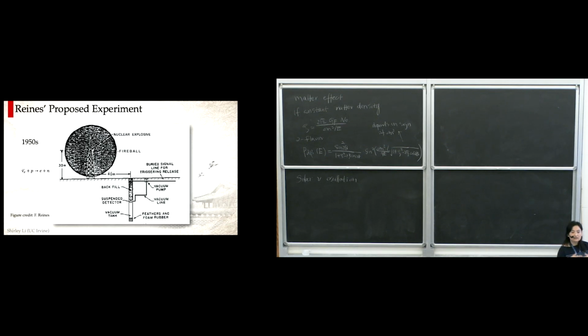Which means a steady reactor source would have worked, and you no longer need a bomb. And so that is the actual experiment that Reynolds built to measure reactor neutrinos, which is why you've never seen this. But still, I just really want to talk about it. So here it is.